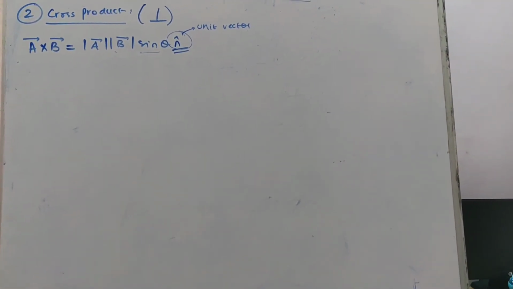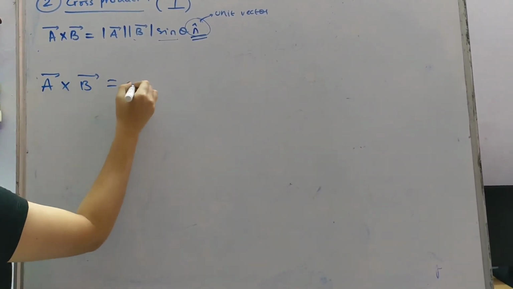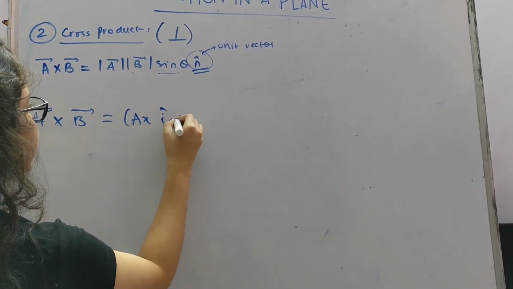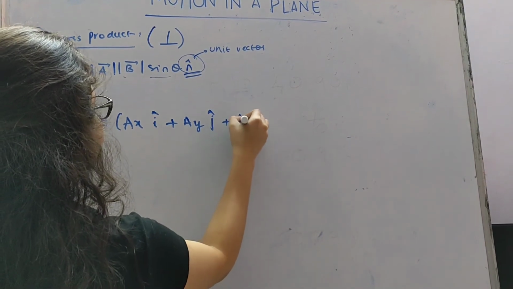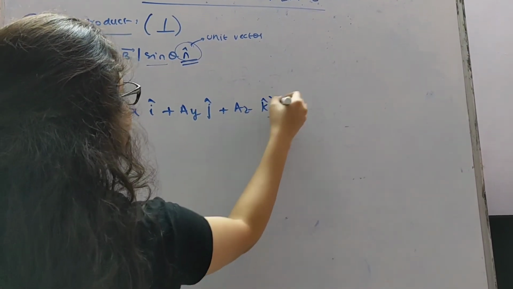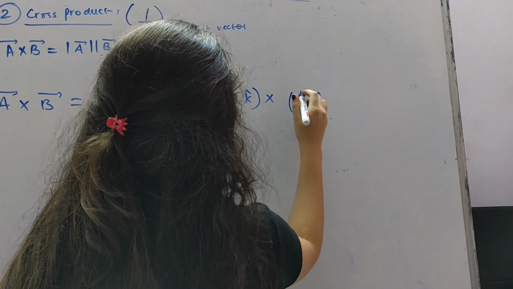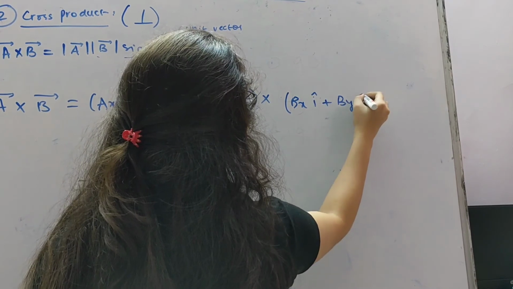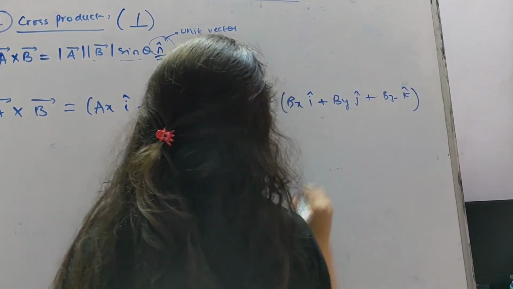Right. So just like dot product, first we will just expand this. That is AX I cap plus AY J cap plus AZ K cap cross BX I cap plus BY J cap plus BZ K cap.